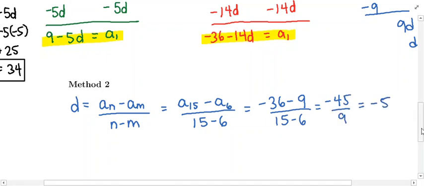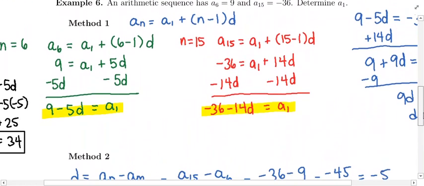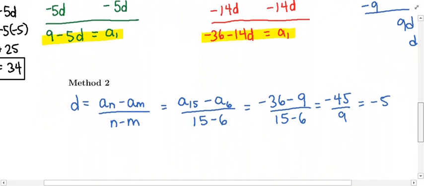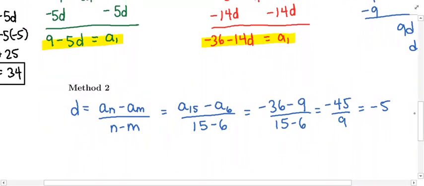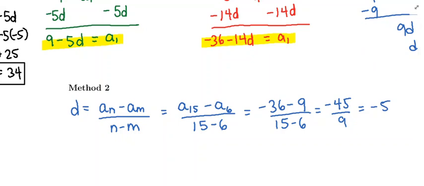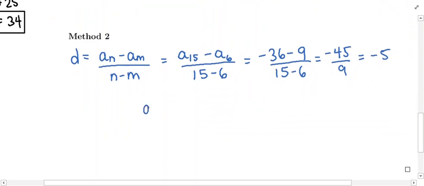We're getting this a lot quicker than we did with the first method. Since we know the common difference here is negative 5, how can we proceed? Well, the end goal is getting A1. Since I have D, I am going to return to the original formula because it has A1 in it.